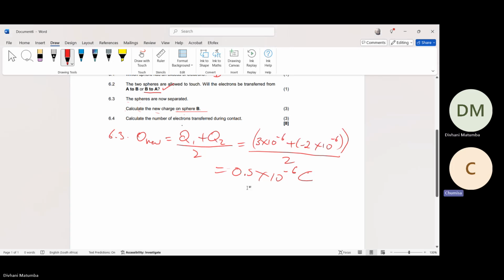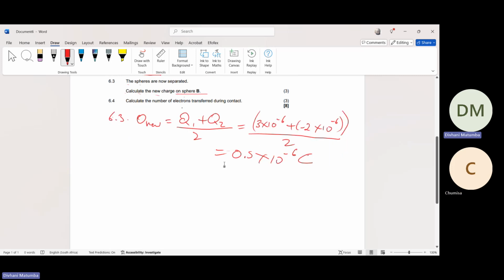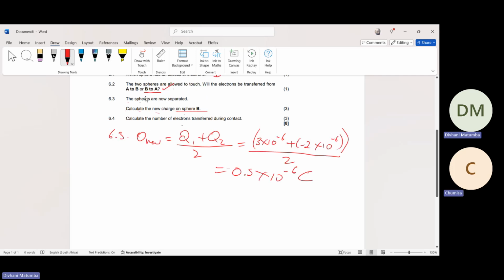It's true, right? Yes, sir. Okay, perfect. Calculate the number of electrons transferred during the contact. Okay, what is it that we have calculated? They said calculate the new charge on sphere B. The new charge will be 0.5 times 10 to the power of minus 6. That's perfect.